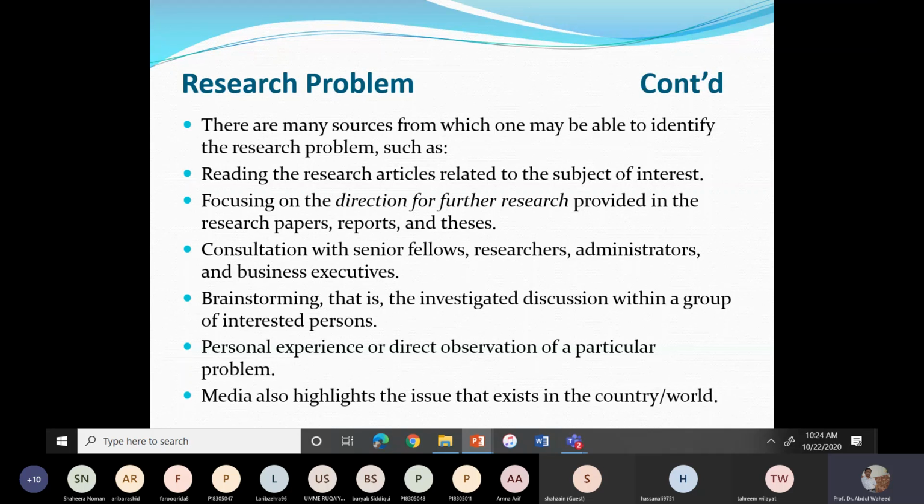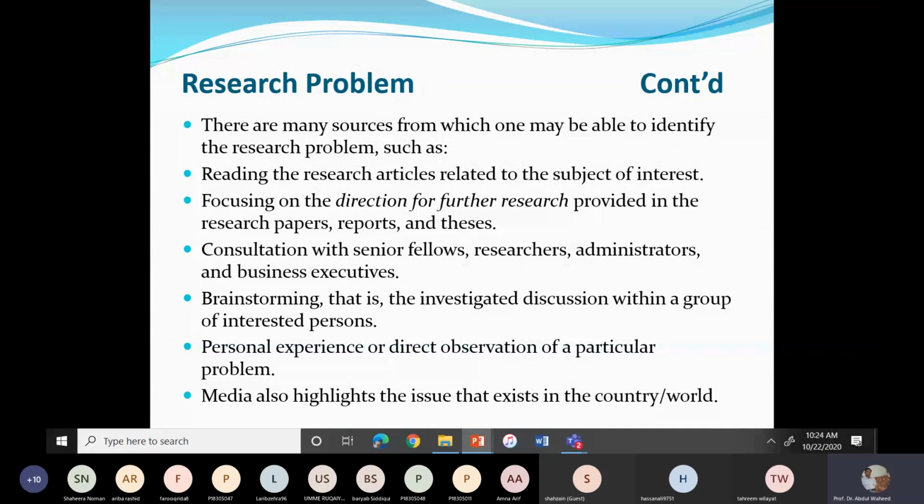So your teachers and your senior fellows can help because they did research. You cannot do research on all topics. So maybe when they were trying to formulate their research problem, they came up with some other topics also, but because they have to pick only one, they can tell you, okay, I selected this research problem, you can look at those other research problems. So they will guide you, senior fellows and business executives.